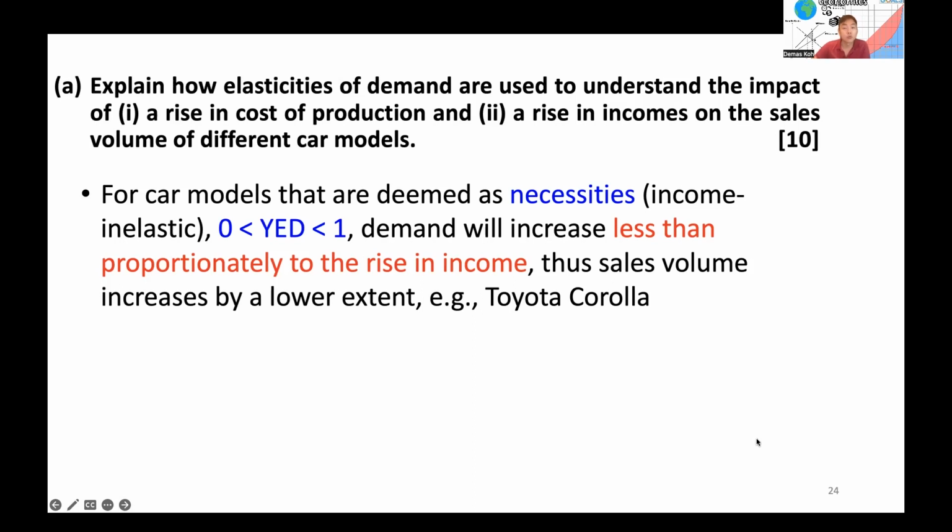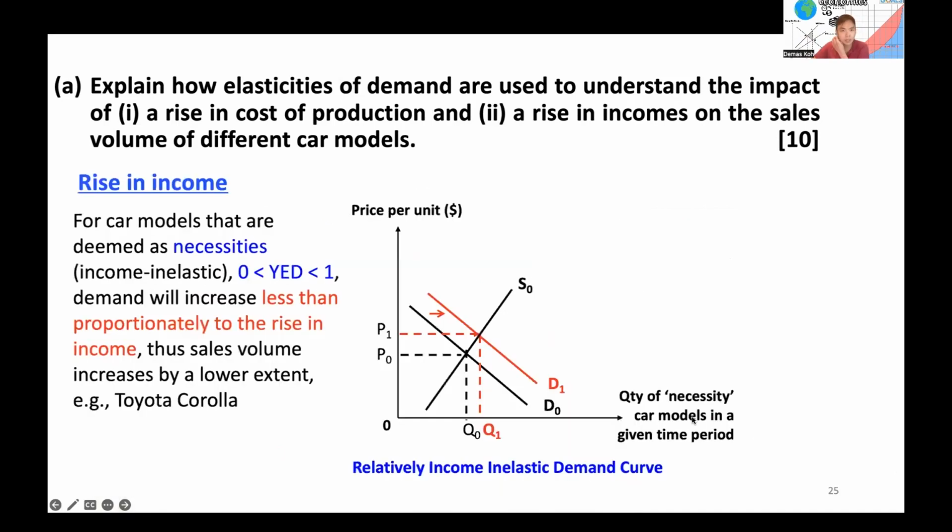So Toyota Corolla is probably a model that is deemed as a necessity in some countries, and as such, you would see that there is a less than proportionate rise in demand to the rise in income. Right.